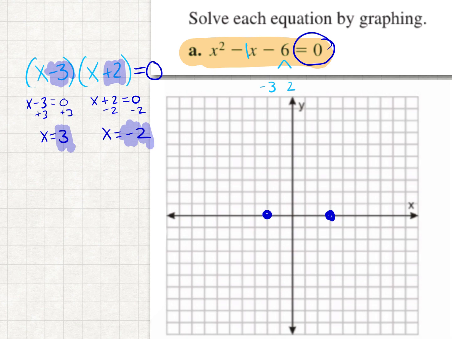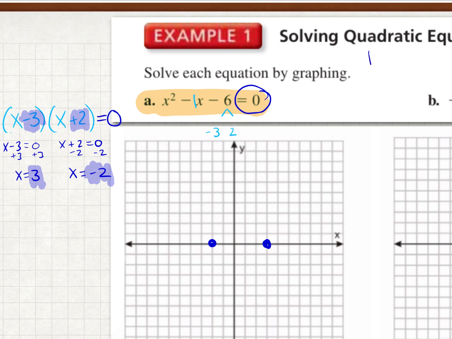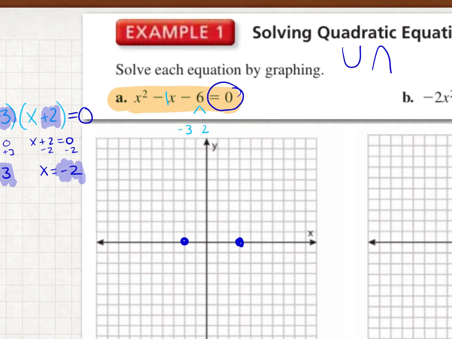Now, quadratic equations are parabolas. They're either going to open up or open down. If our x squared term is positive, it opens up. If the x squared is negative, it's going to open down. So here it opens up, because x squared is positive.